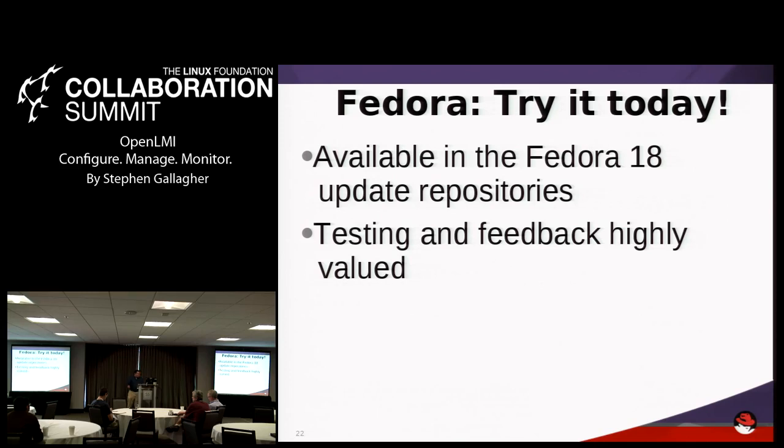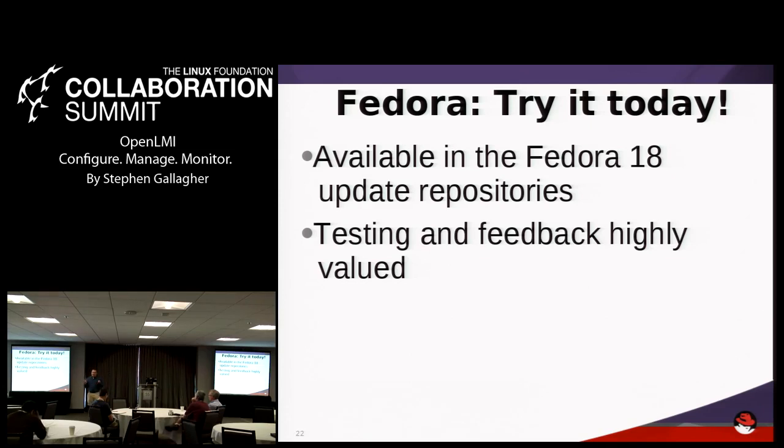Now, obviously I'm up here essentially begging for help. As I've been talking, I'm seeing a lot of nods from most of the people, yeah, that's something we really do want to do. So if you do want to help, or if you know someone that could help, please get them to try out what we've got so far.